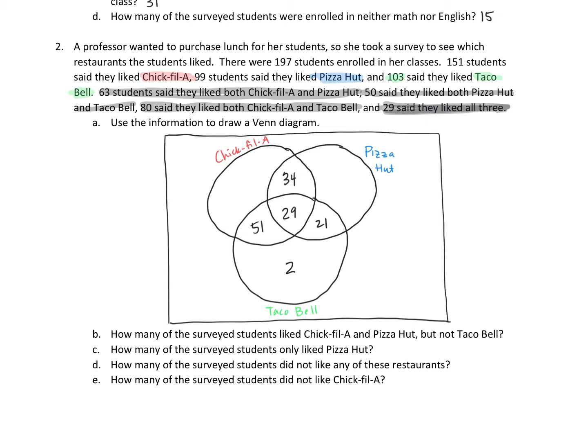And then 99 should be the total. So you take the total and subtract off the numbers that are already listed there, and you get 15 left. So 15 is the number of students who like only Pizza Hut.